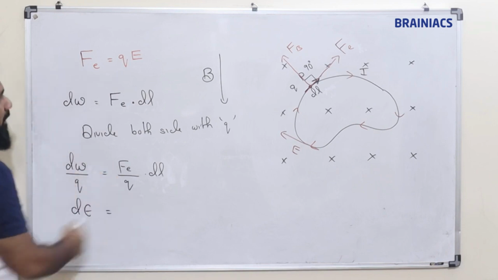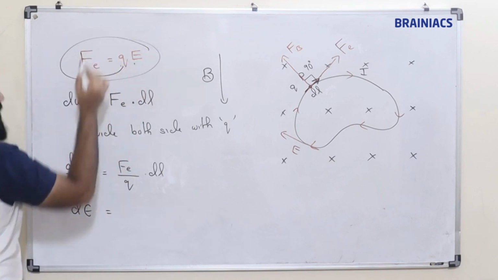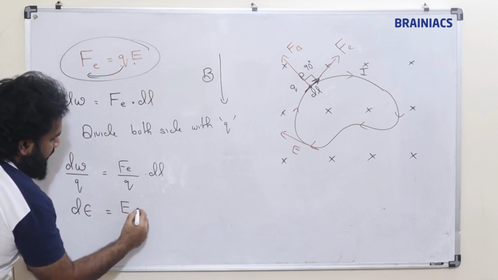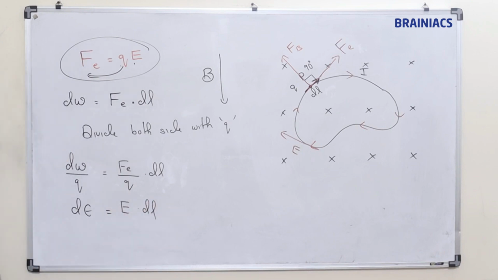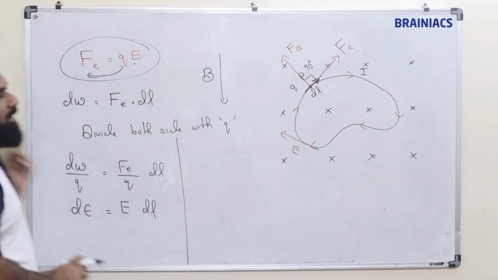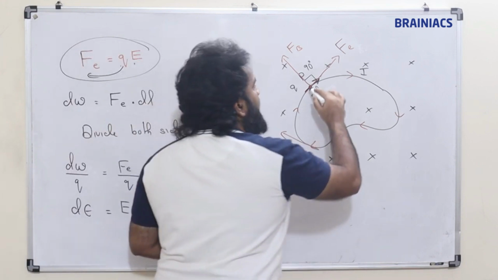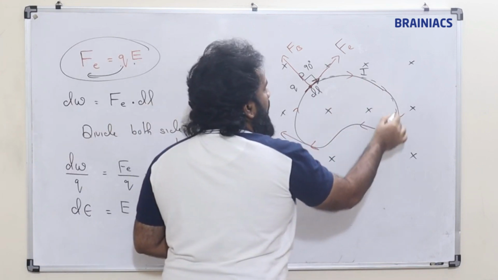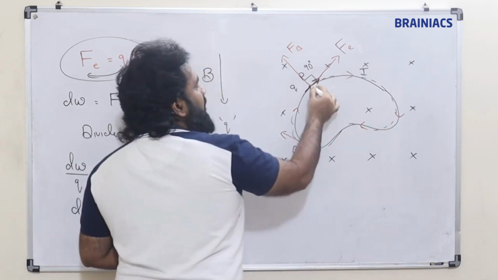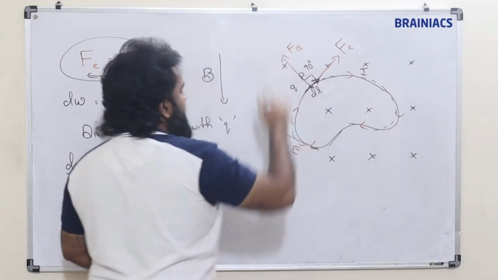Fe is equal to QE, so Fe by Q is what? Electric field. So I can say this is E dot dl. Now if I need the total EMF, I need to add the work done for the whole circuit, from this point all the way back to this point.